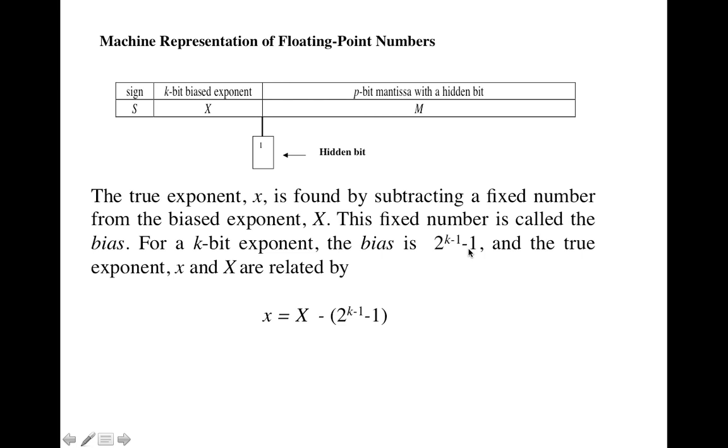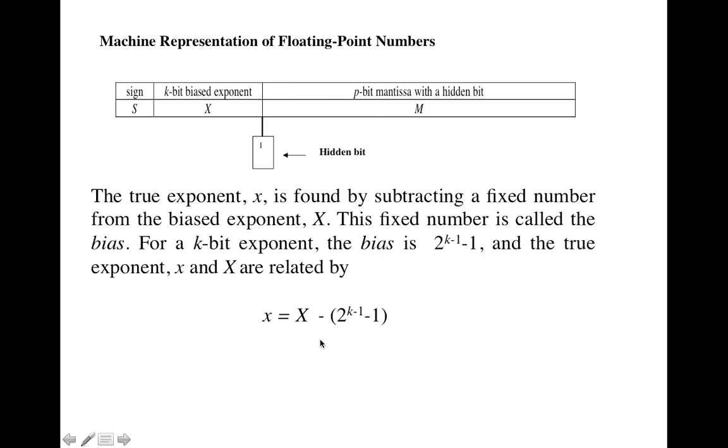So basically what this does, if you just write this in a way that x is equal to lowercase x plus this quantity, you're taking the actual exponent, which could really go between minus 2 to the k minus 1 and 2 to the k minus 1 minus 1, and then making it so that the most negative value becomes 0, and then the most positive value becomes the largest number you can represent in k bits.